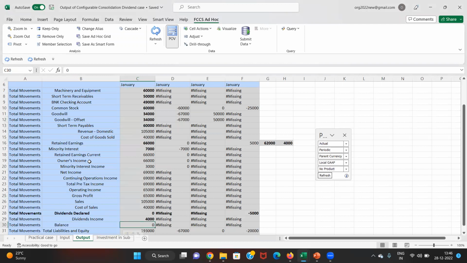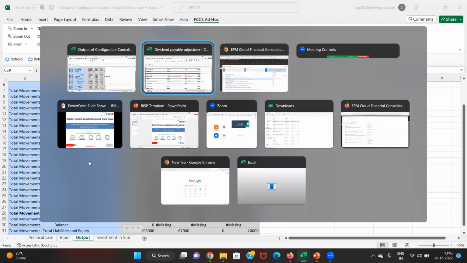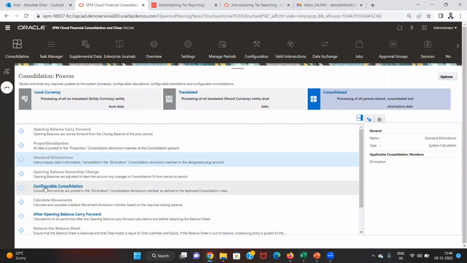We need to adjust the amount of dividend which has already been booked as income by the holding. In order to nullify the impact and reduce the double effect that is being showcased when we are running the consolidation, we have prepared a business rule, a configurable consolidation rule, for dividend adjustment.